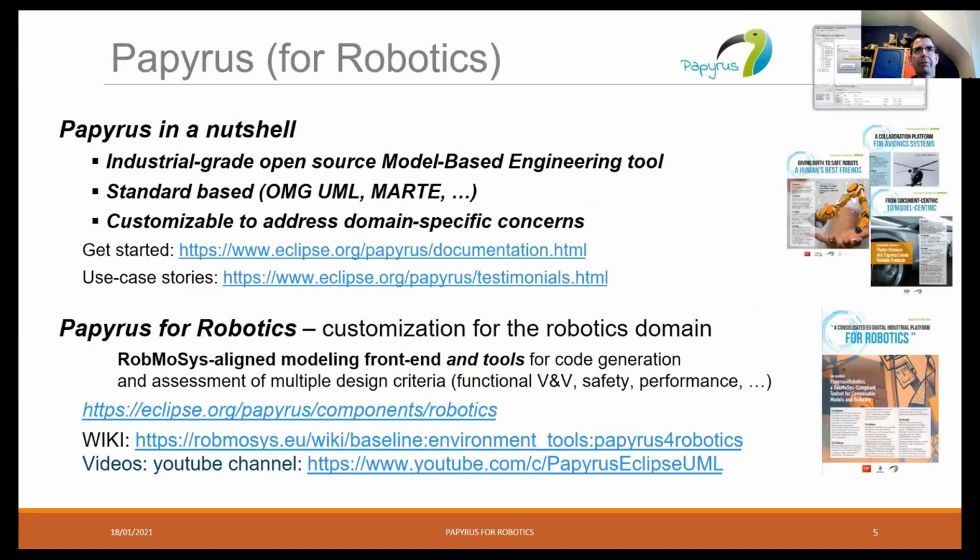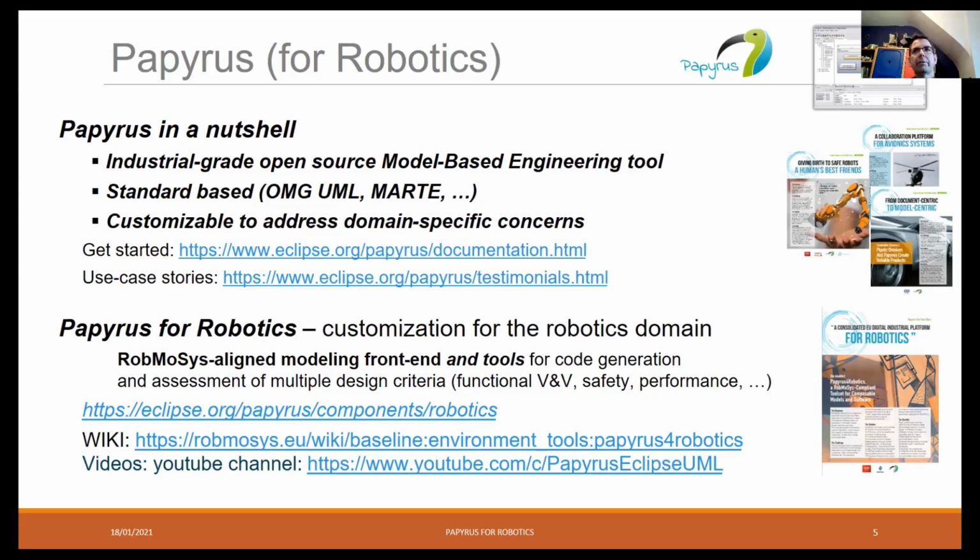Papyrus for Robotics is based on Papyrus, and Papyrus is an open source model-based engineering tool that supports standards from the Object Management Group, notably UML, of course, but also some of the extensions such as MARTE for the real-time. Here are some links where to get started with Papyrus in general.